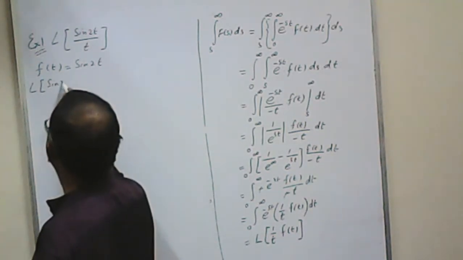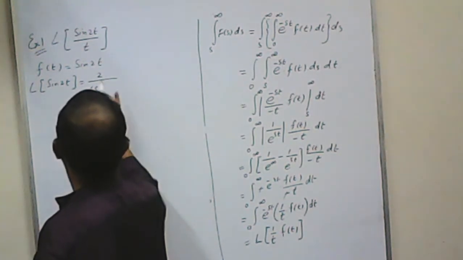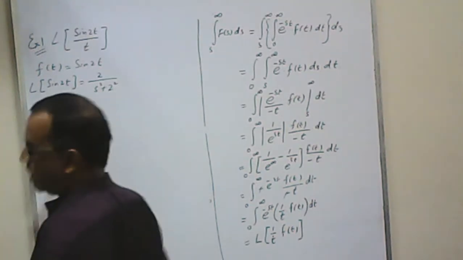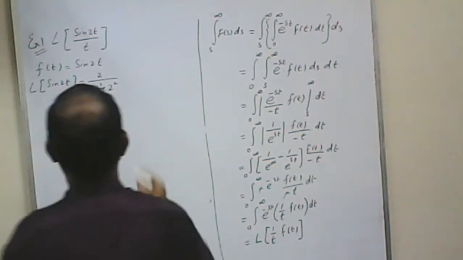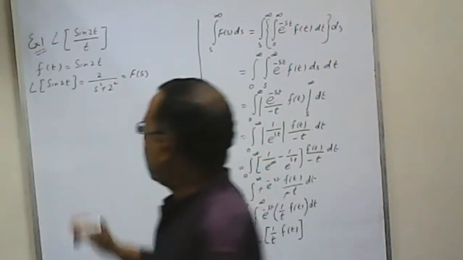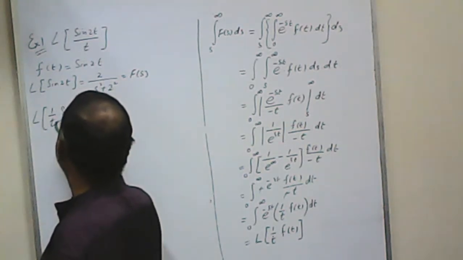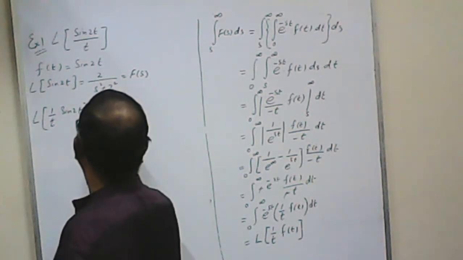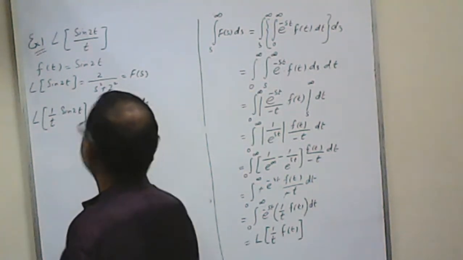Laplace of sine 2t will be equal to 2 upon s square plus 2 square, simply applying the formula Laplace of sine at is equal to a upon s square plus a square. This is known as function of s. Now applying the formula for division, Laplace of 1 upon t into sine 2t will be equal to s to infinity 2 upon s square plus 4 ds.